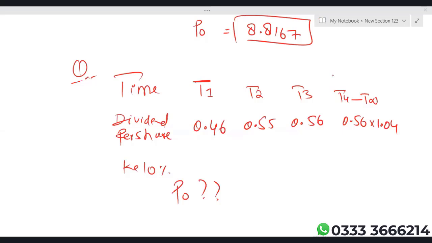Okay, let's see. We have got different answers. Now listen. Whenever you are given information like this, you just need to know one thing: the present value of all future dividends till perpetuity will give you P naught. How? All you need is to calculate the present values. So 0.909, 0.826, 0.751.